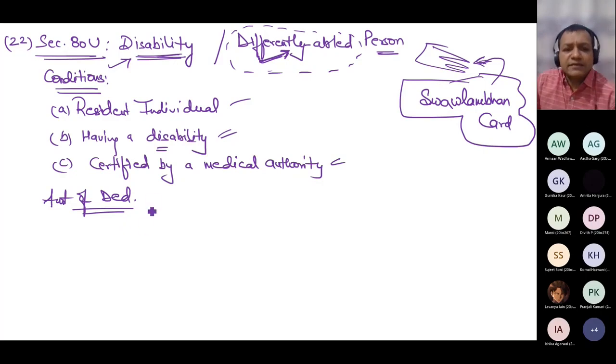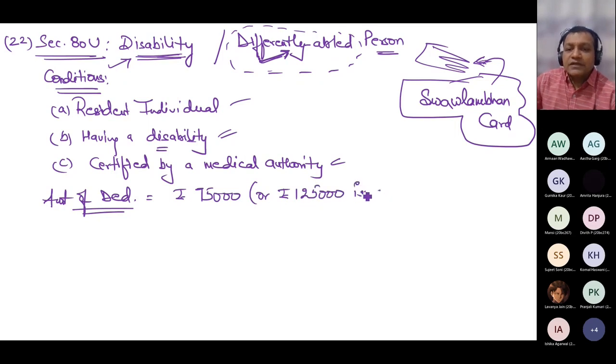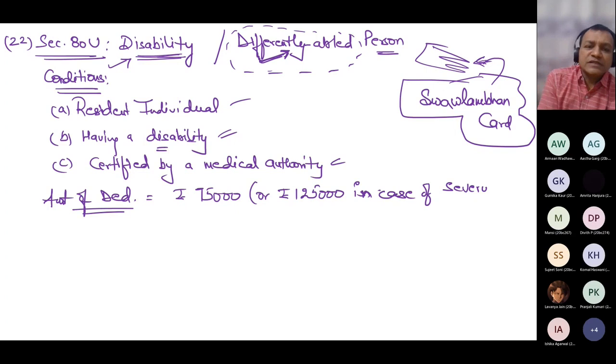Amount of deduction is flat 75,000, and flat 1,25,000 in case of severe disability. In case of severe disability, the medical practitioner prescribes how much percentage of disability is there in that human being.